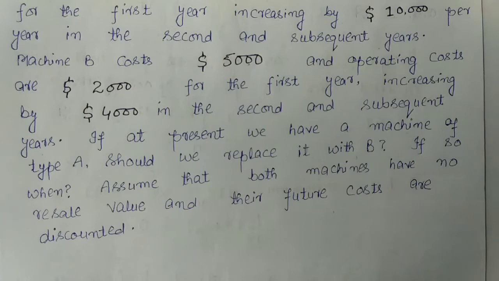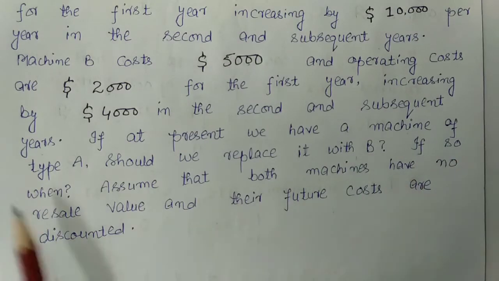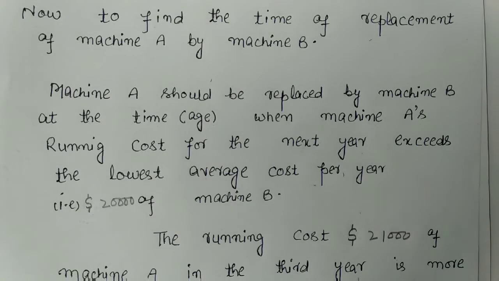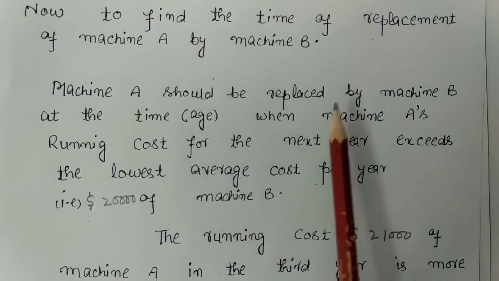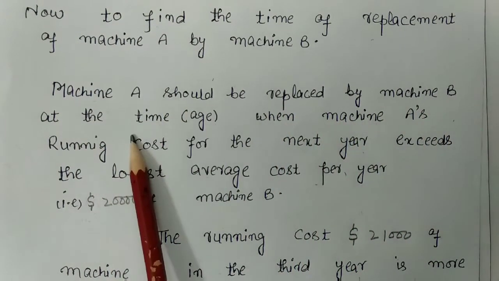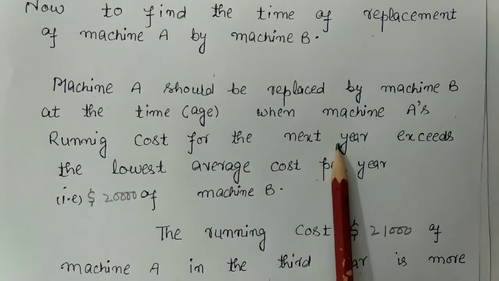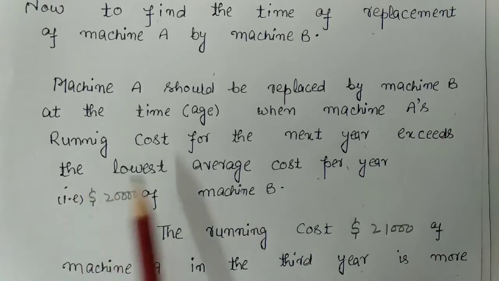Now after that, if so, when? We have to find the time when machine A is replaced by machine B. Machine A should be replaced by machine B at the time when machine A's running cost for the next year exceeds the lowest average cost per year.